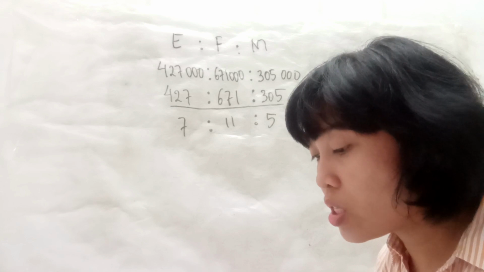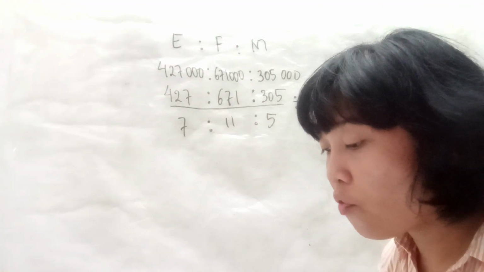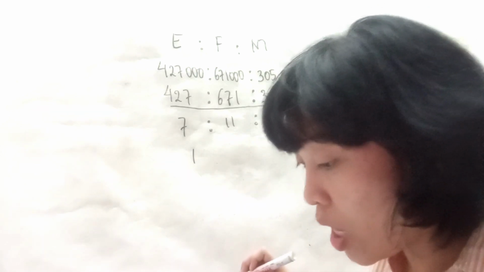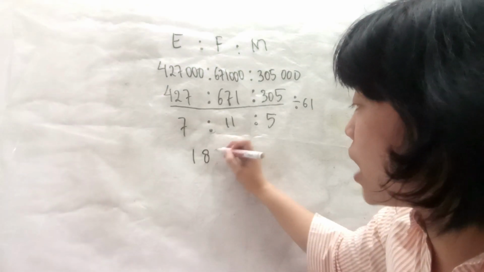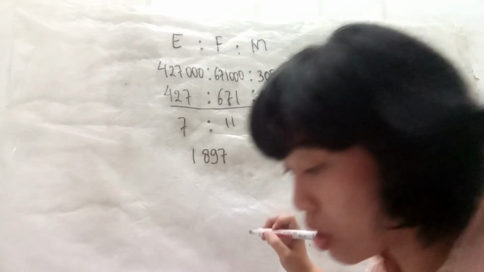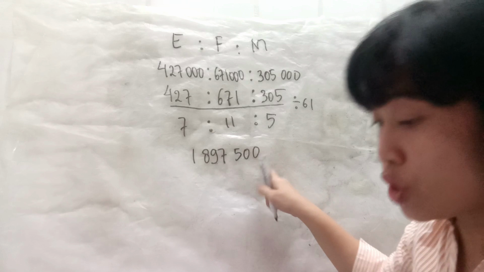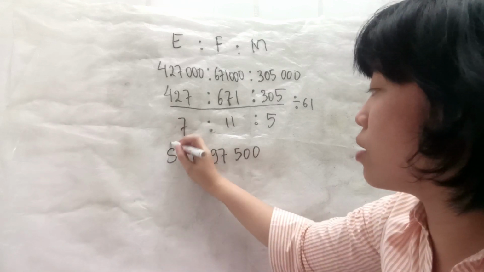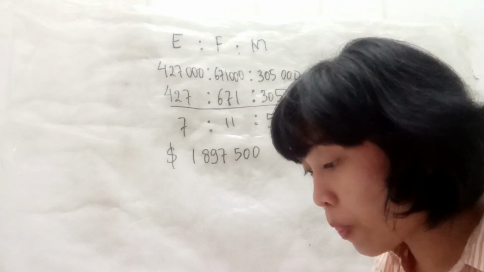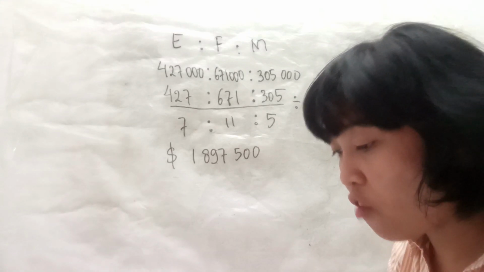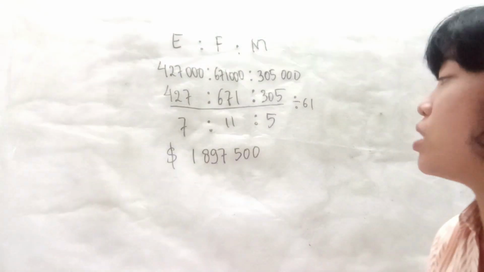After a few years, they sold the property for $1,897,500. Find the amount of profit each of them received.